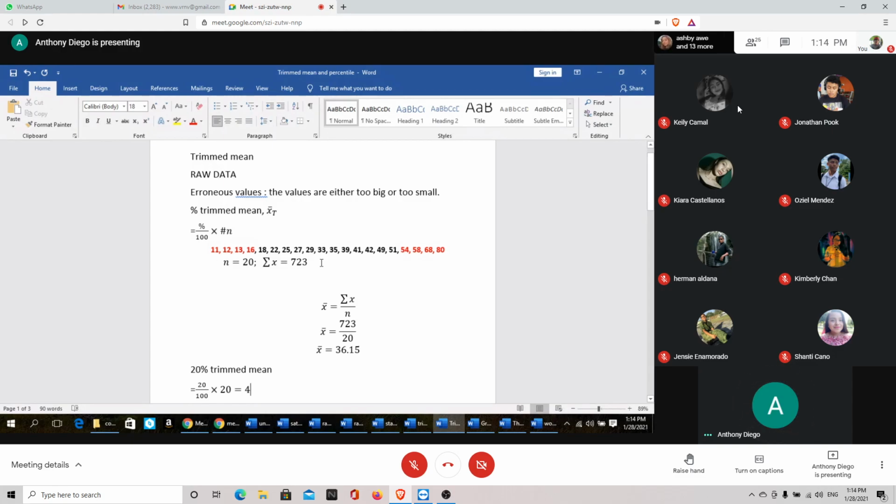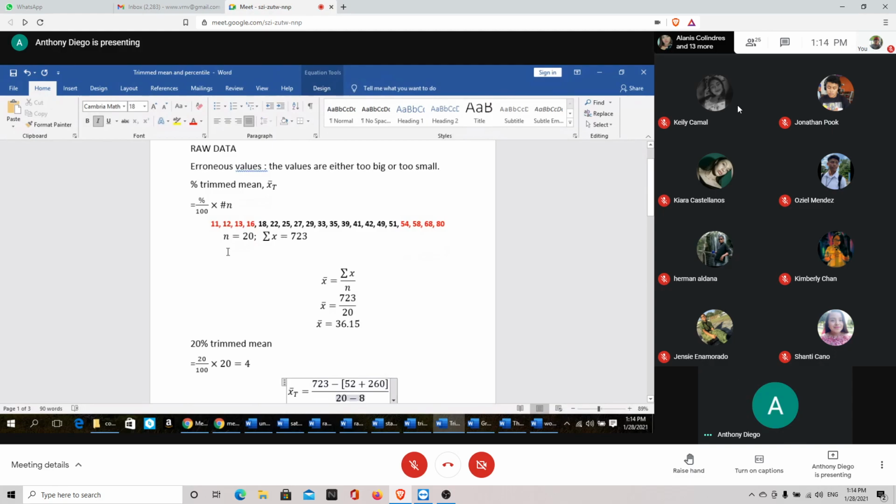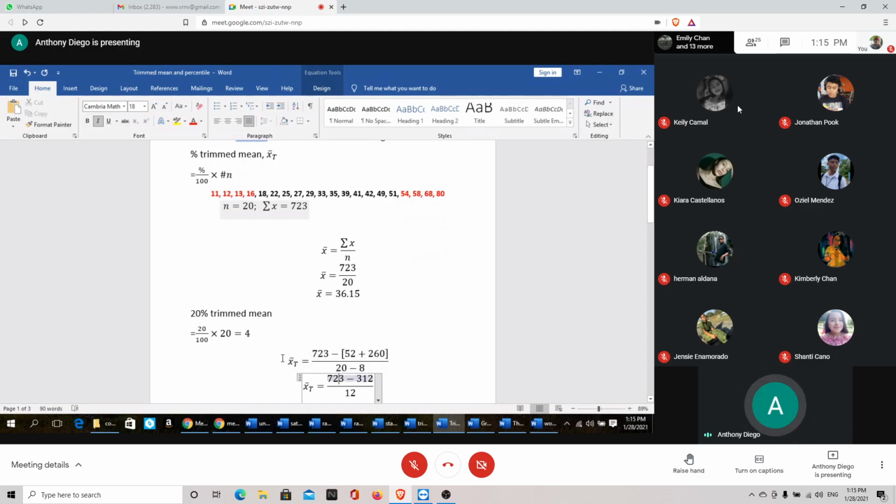So this is what will happen now. After you have identified how many numbers you are going to trim from either end, you do that. You could use a slash down here and another slash to separate them. And then for the trim mean x bar t, 723 minus, because remember we are removing these values, so the sum will no longer count them.